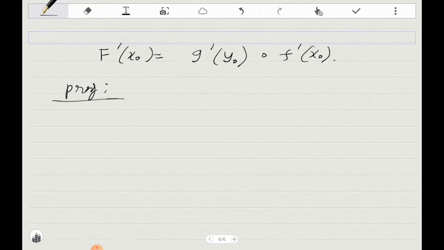So, just for convenience, let's give these derivatives names. Let A equal f prime x naught and B equal g prime y naught. A and B, you can think of them as either linear transformations or matrices.